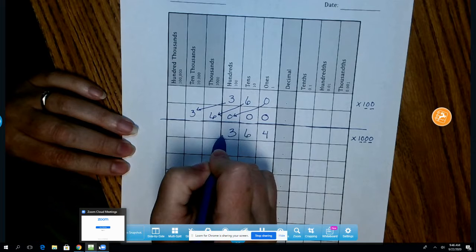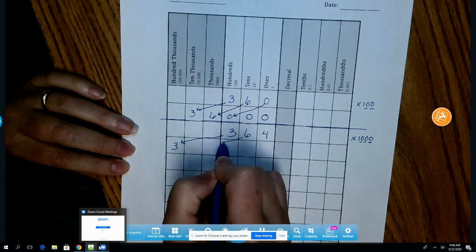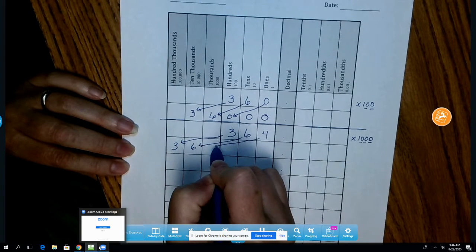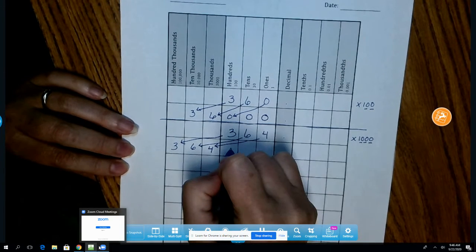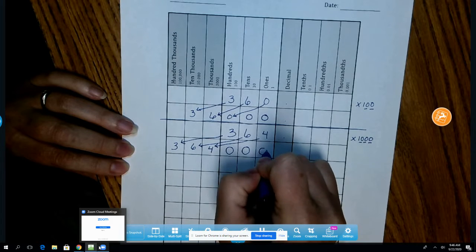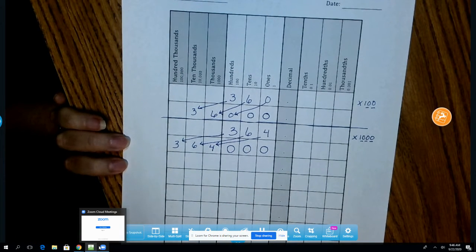Okay, so 1, 2, 3, and then I need to hold my places. Okay, so my answer would be 364,000.